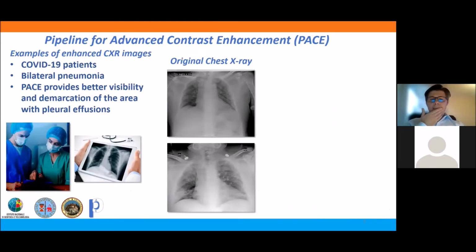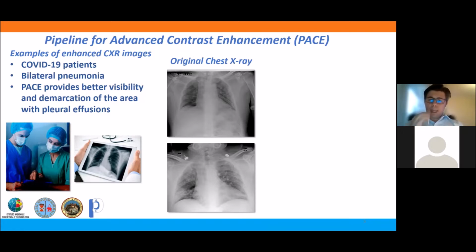So, in this slide, I'm going to show you two different chest X-ray images from COVID-19 patients. These COVID-19 patients have been evaluated in the study, and these patients are affected by bilateral pneumonia.